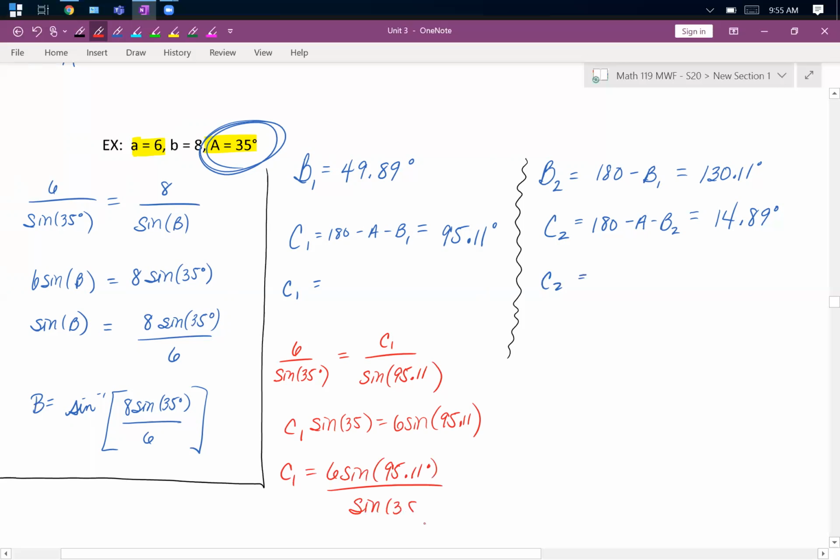We'll plug that into our calculator. What do we get rounded to the nearest hundredth?